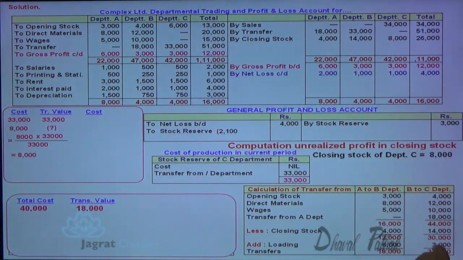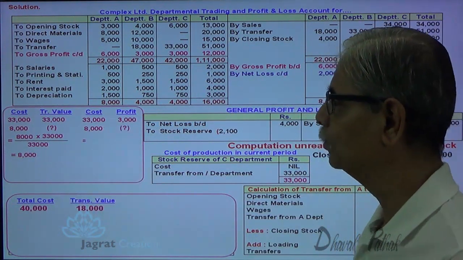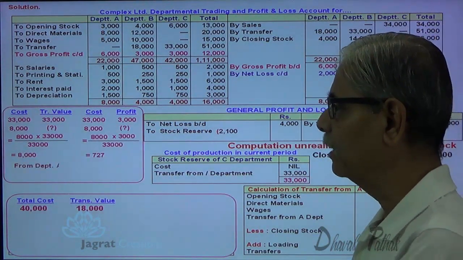Now, in this 33,000, the profit load was 3,000. What is the profit load in this 8,000? That works out to be 727.